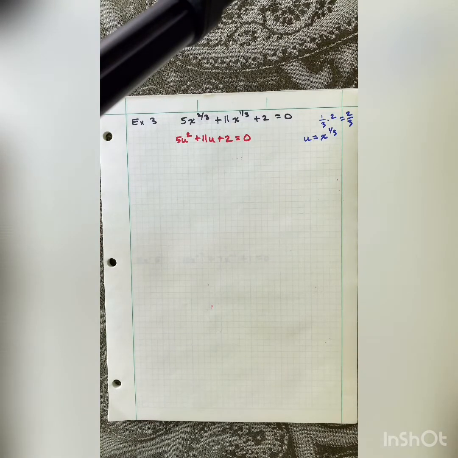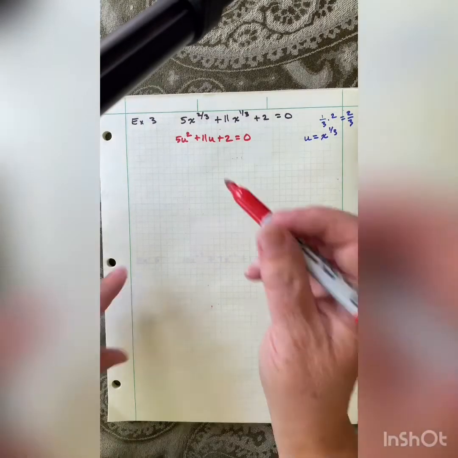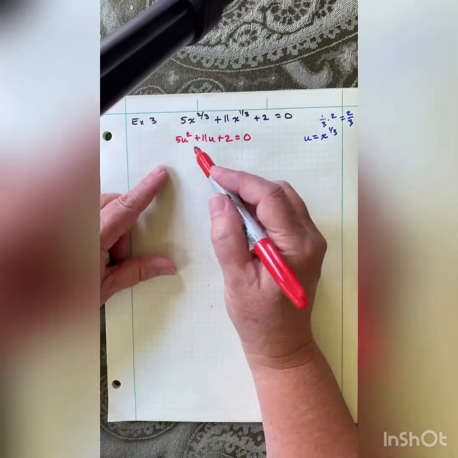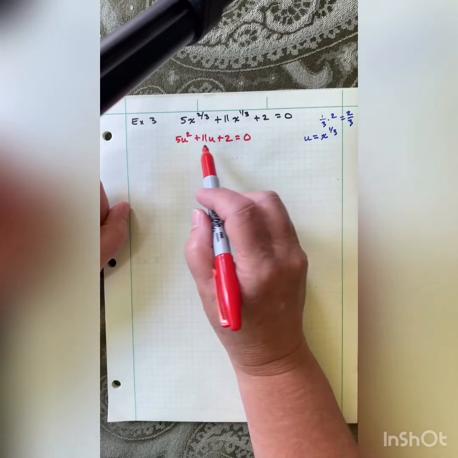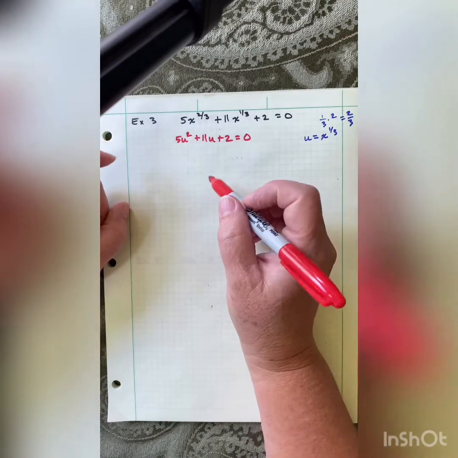Okay, now again, you get to solve this any way you want to. You can use factoring, which is what I'm going to do here. You could use square root property, but because you have a middle term, I wouldn't do it.